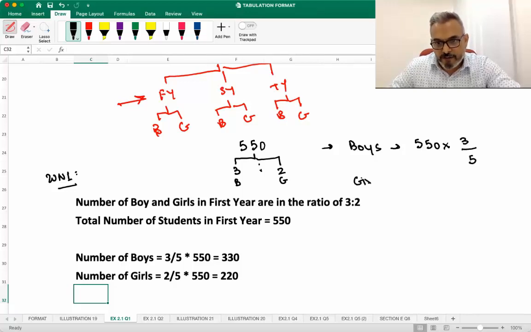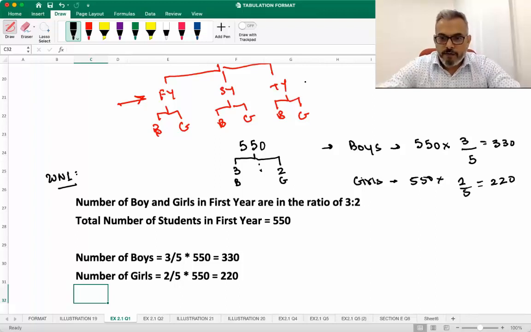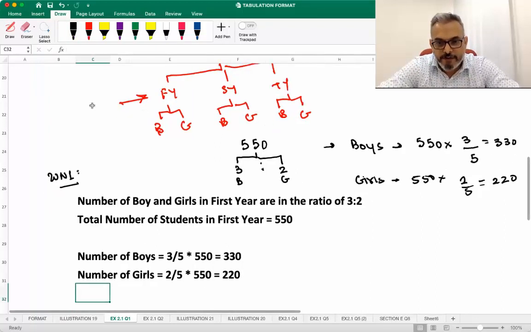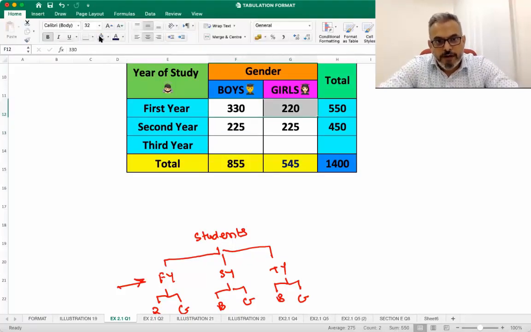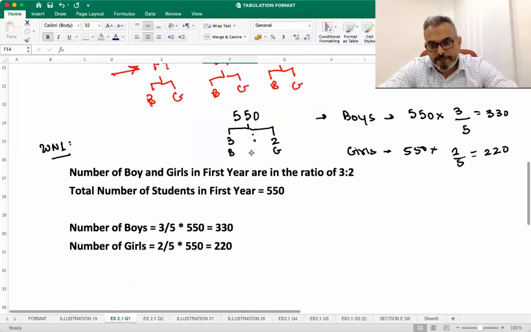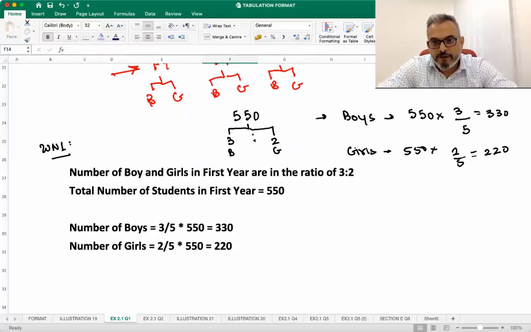And for girls, again total 550 into 2 upon 5, which is equal to 220, and here 330. So let's go to the table and write the numbers. So number of boys 330 and number of girls 220. This is what we calculated from our working note number 1. I'll keep this working note on the screen for some time. If you have any doubts, please ask.